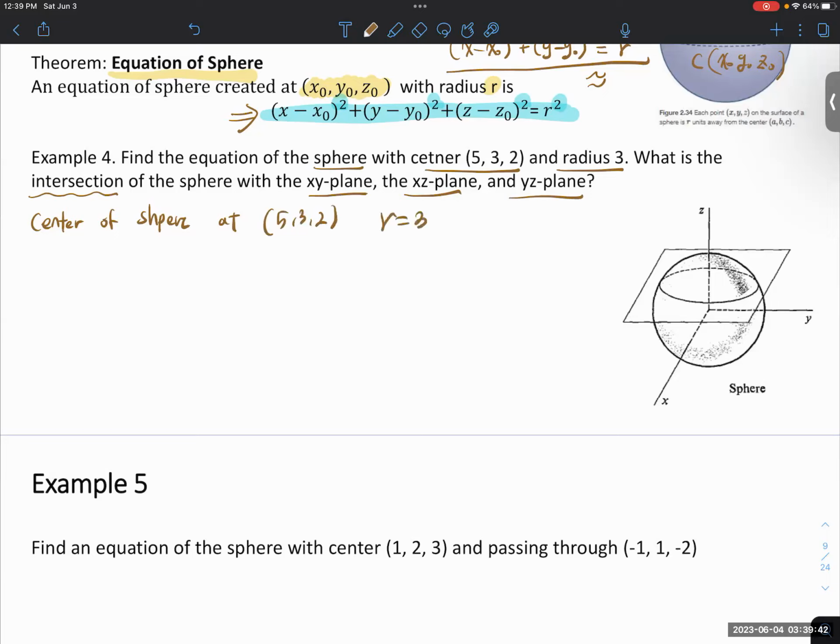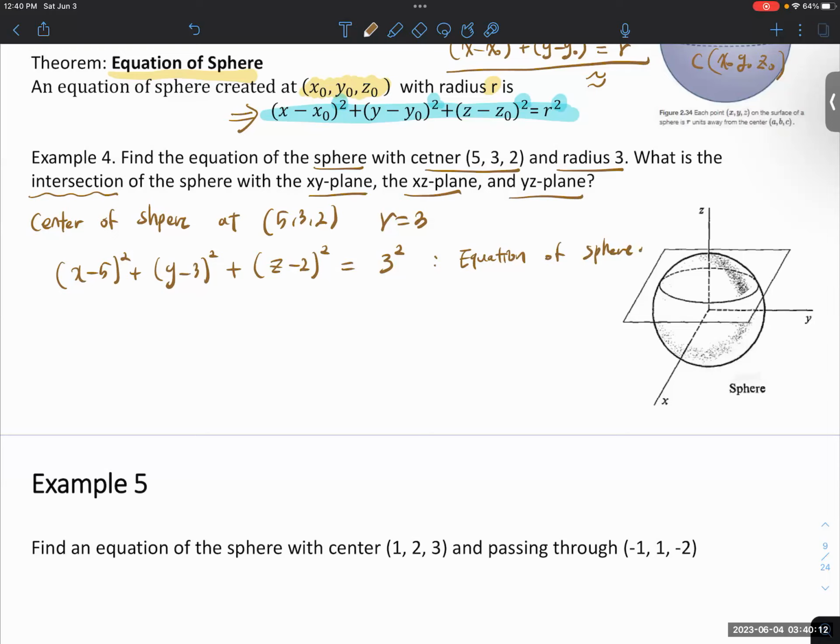The radius is 3. Therefore, (x minus 5) squared plus (y minus 3) squared plus (z minus 2) squared equals r squared. That is going to be our equation of the sphere. Am I correct? So we just found it. So this is the equation of the sphere.